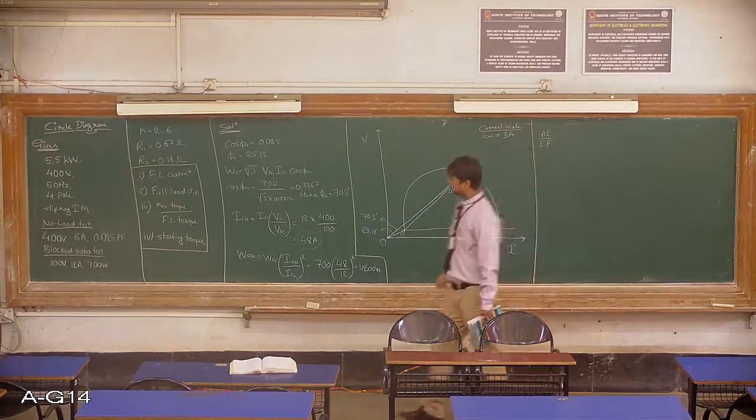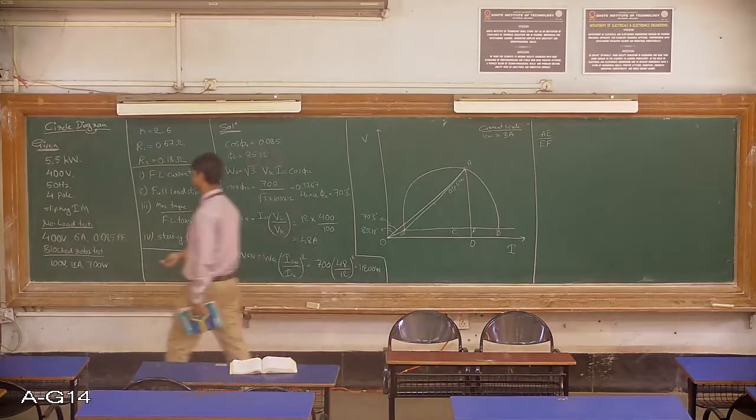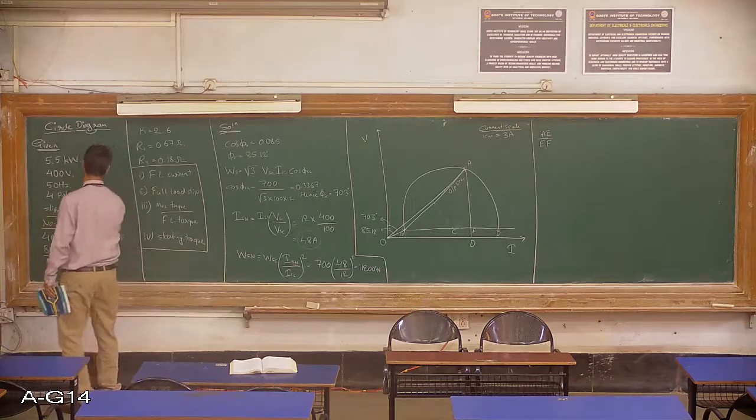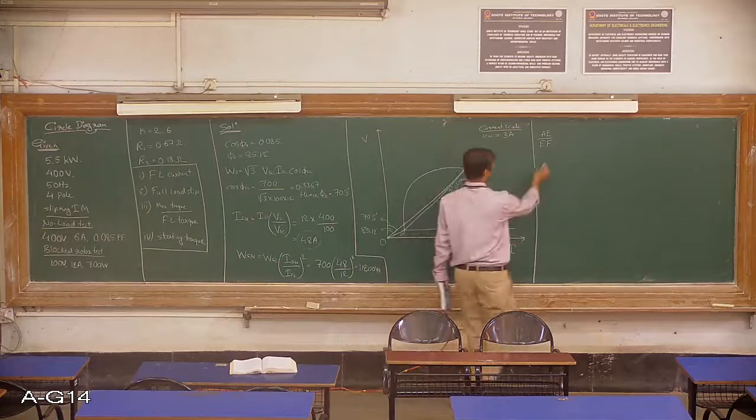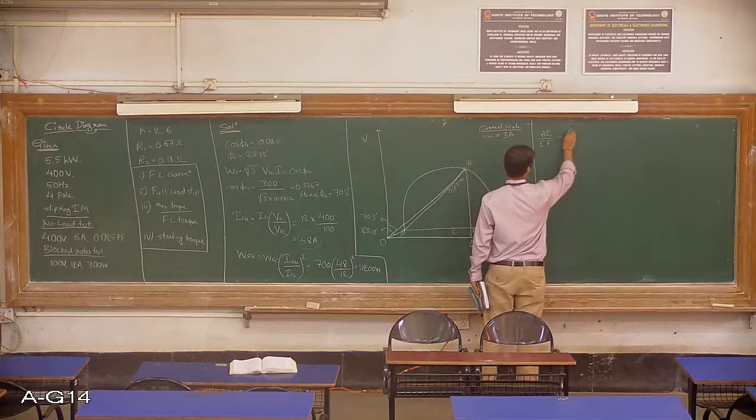since it is a slip ring induction motor, we know that the ratio AE to EF is R2 dash to R1.